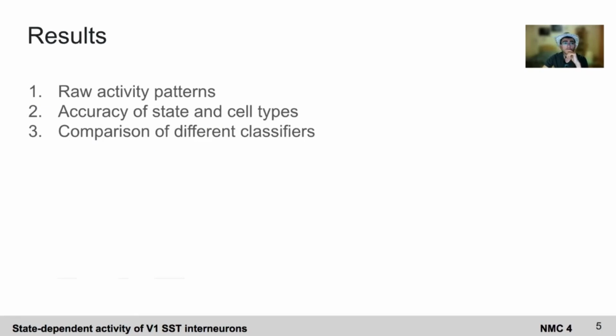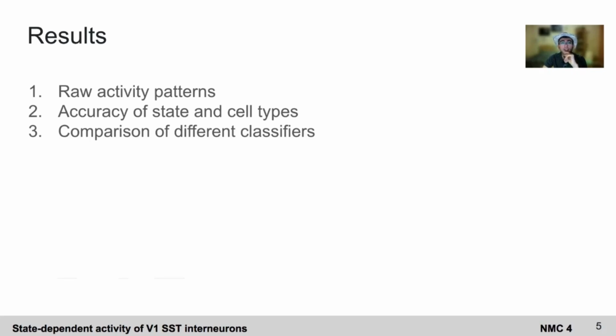The results show that for the raw activity pattern of VIP and SST cells, there is some stimulus-dependent activity. But in the case of the omitted trials, VIP cells show a ramping activity, but the SST cells get inhibited and don't show any activity when the stimulus is omitted from the screen.